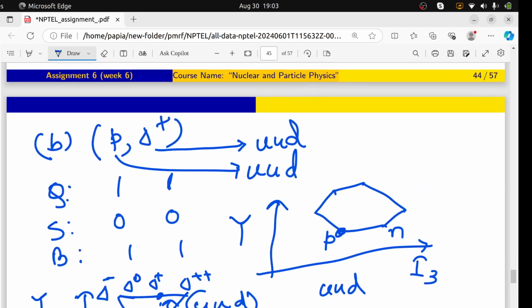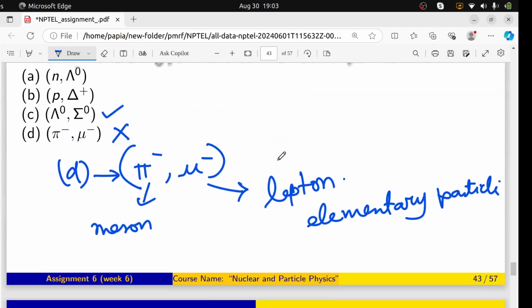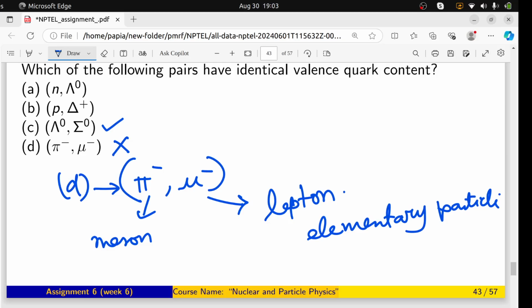So P and delta plus both have the same quark content UUD. That means this is correct.